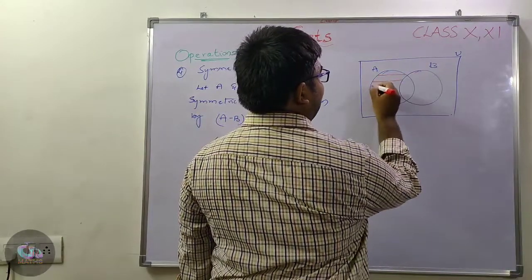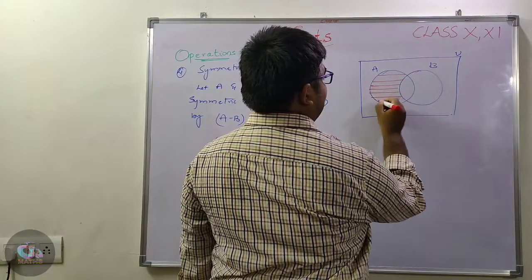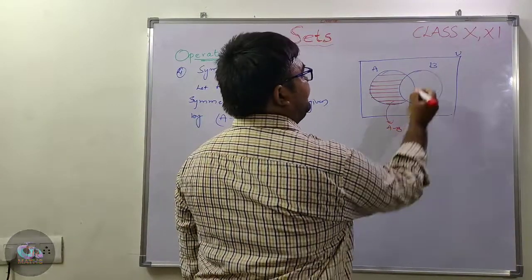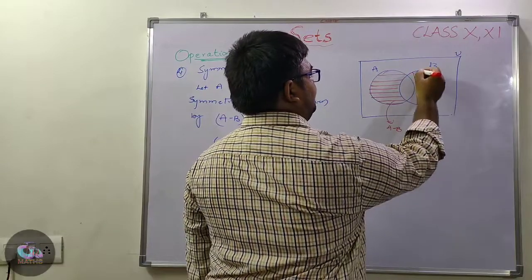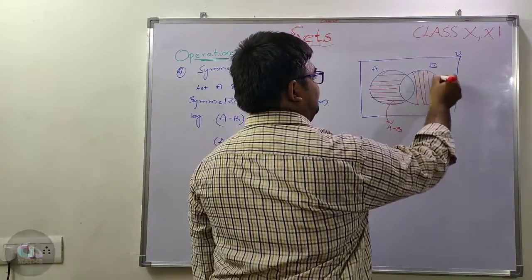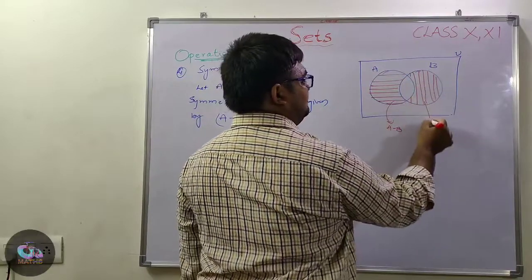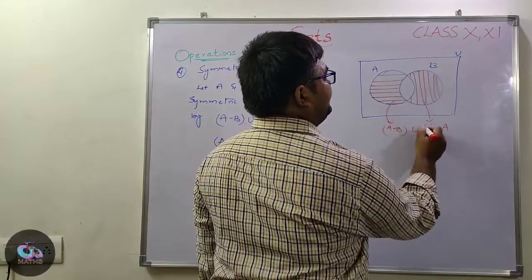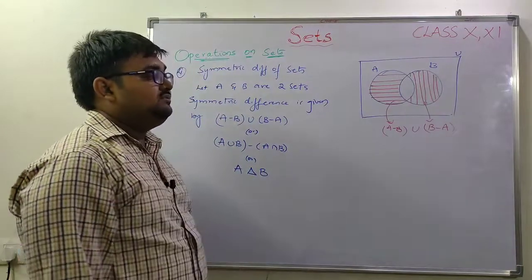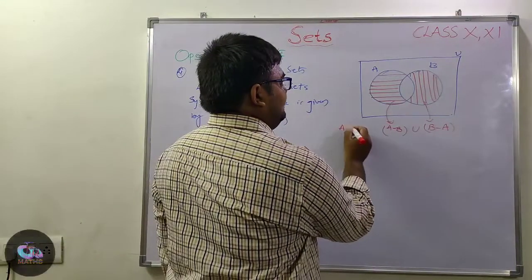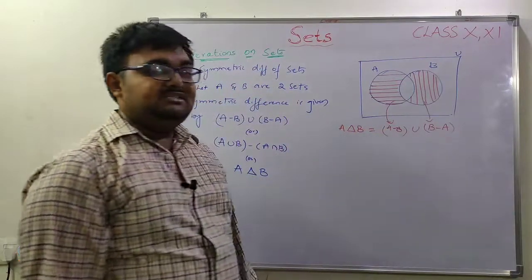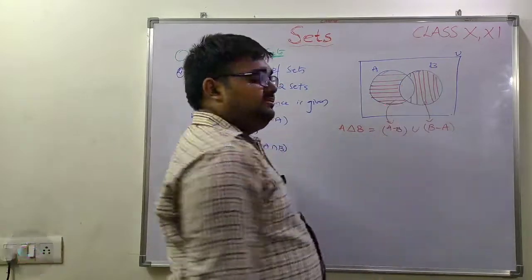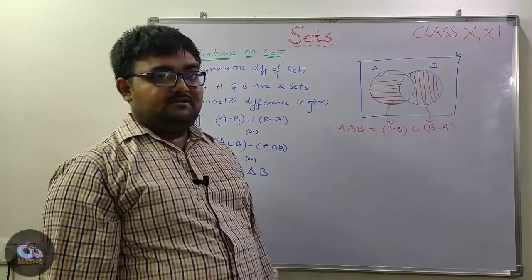A minus B is nothing but this particular part, and this particular region is nothing but B minus A. If you apply union to these two parts, then we call it A delta B. So A delta B is given by A minus B union B minus A. Here if you observe, you are not taking the intersection part, right?